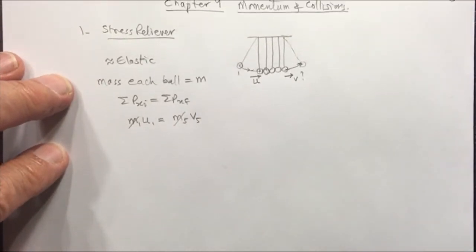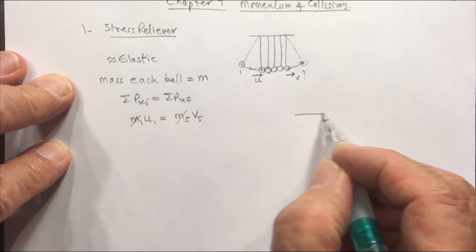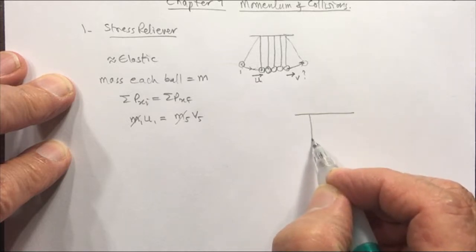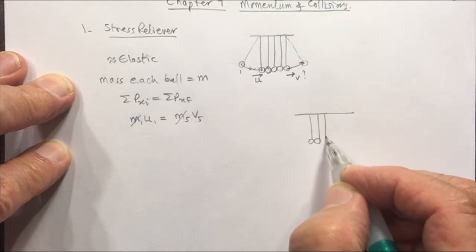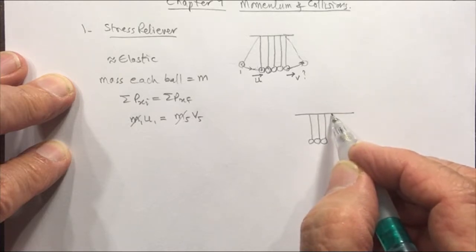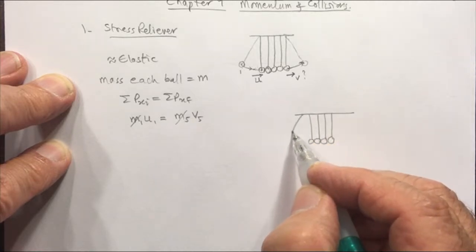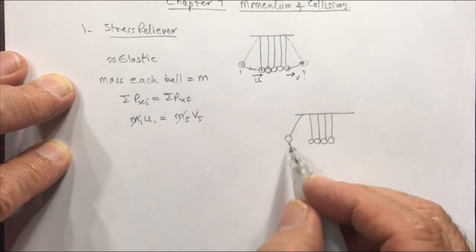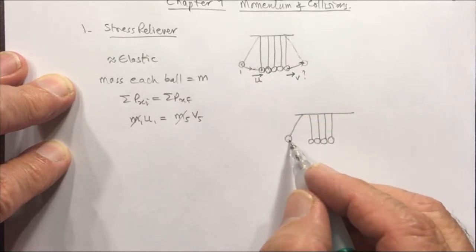Now let's consider a case where we have 1, 2, which should be touching each other, 3, 4, and the 5th ball is here. So it's the same situation as before, and the first ball is here.